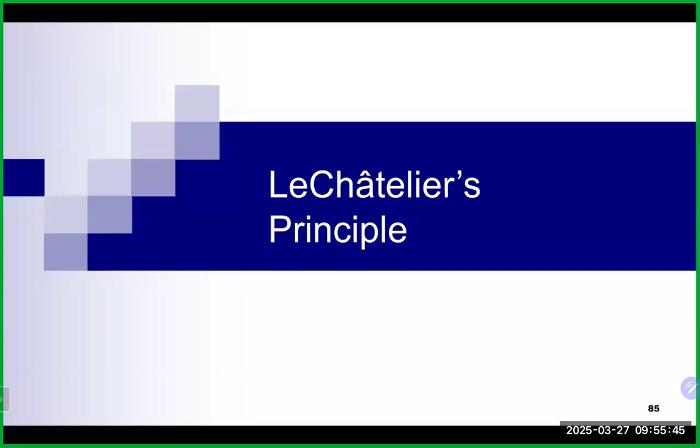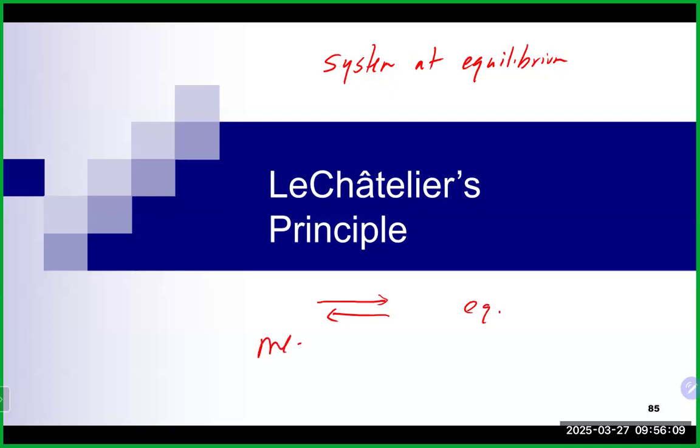Le Chatelier's principle is the idea where we have a system at equilibrium, and we will do something to that equilibrium that is going to mess up the rate of the forward reaction equaling the rate of the reverse reaction.